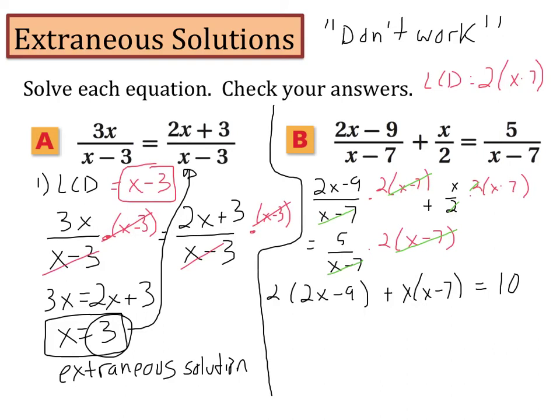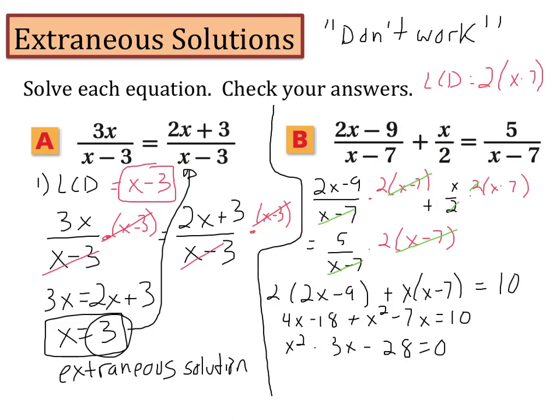So now this is just algebra, and we can work with this pretty easily. So we have 4x minus 18 plus x squared minus 7x equals 10. We simplify, we're left with x squared minus 3x minus 28 equals 0.